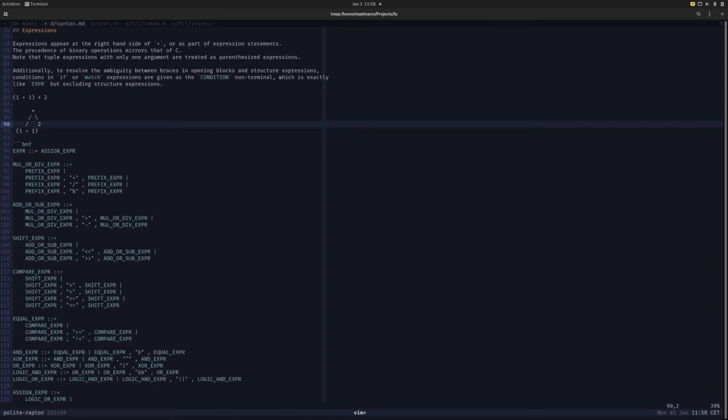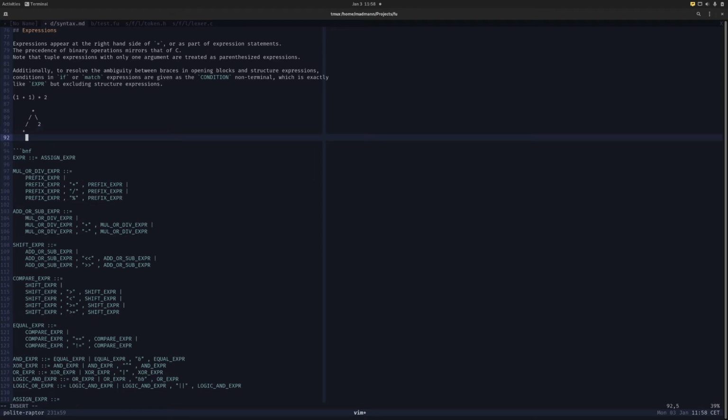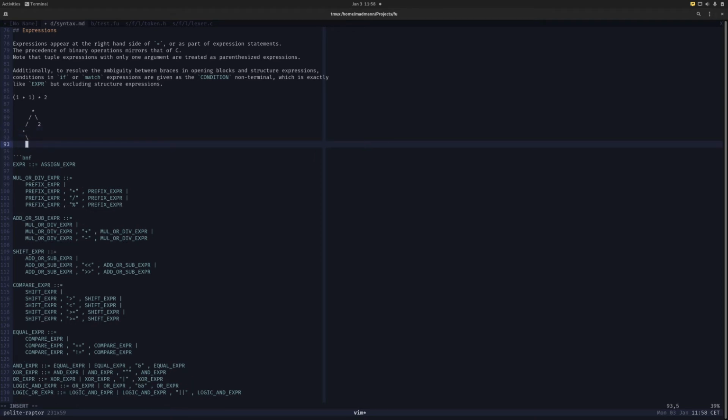And 1 plus 1 is also another expression, which is a plus, with a right-hand side that is the number 1, and the left-hand side that is, it's actually not easy to do, another 1. So this is kind of a tree already, right?